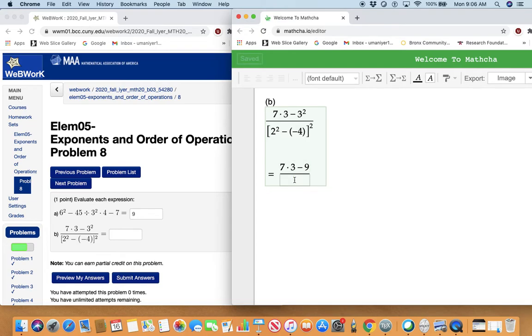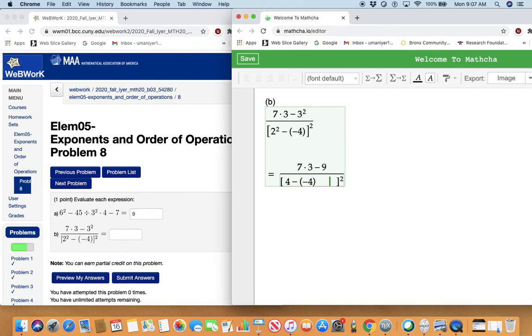Denominator, you have a bracket, bracket power 2. Well, bracket or parentheses, they take precedence. So you go inside, there is an exponent and a subtraction. Well, exponent takes precedence. 2 power 2 is a 4 minus negative 4.